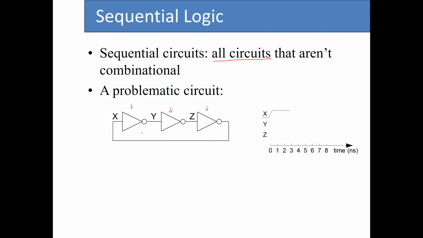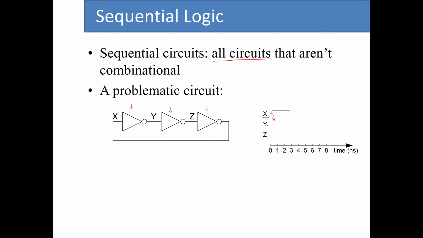Now if I want to draw the timing diagram for this circuit, I assume that at time 0 nanosecond, the value for X is changing from 0 to 1. Let's see what happens for the rest of the inverters. For this inverter, when we change X from 0 to 1, the output of the inverter changes from 1 to 0 after, you might say, a few nanoseconds of delay.